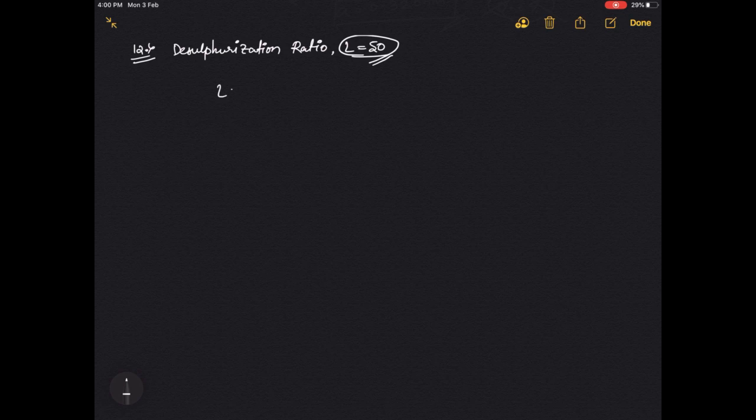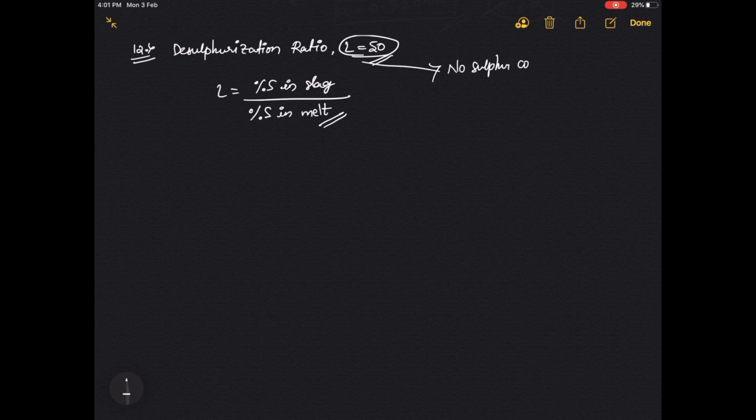It is nothing but the percentage of sulfur present in the slag divided by the percentage of sulfur present in the metal or the melt after desulphurization, because usually in these problems they assume that there is no sulfur content initially in the slag.